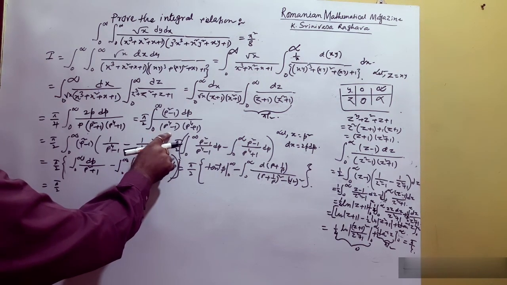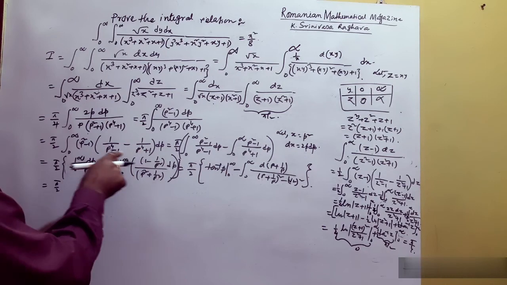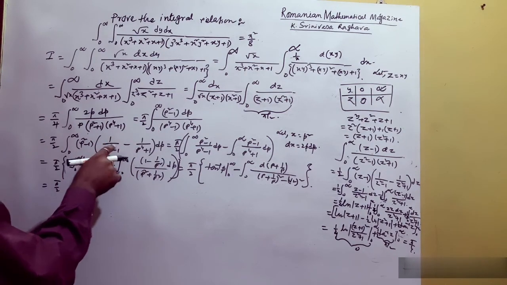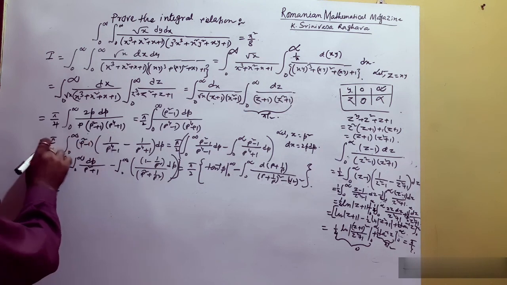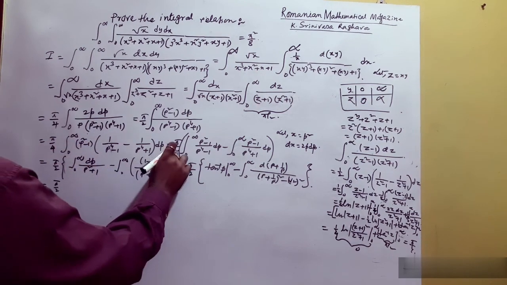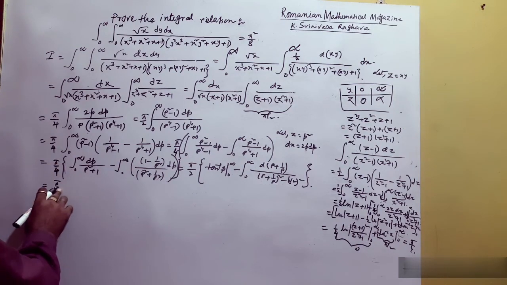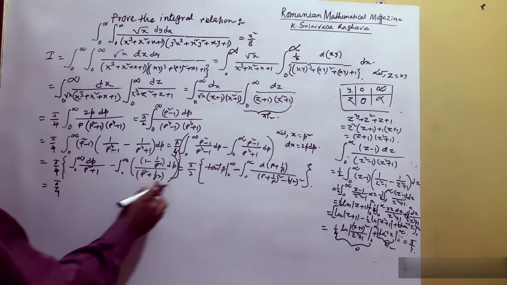Again partial fraction. So we want to get 2. So balancing, this is 4. Okay, this is by 4.